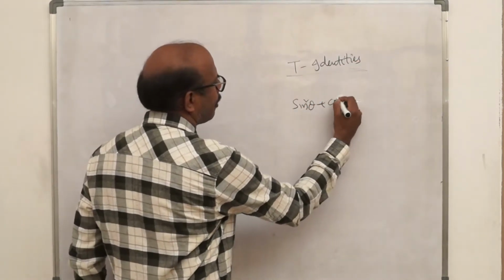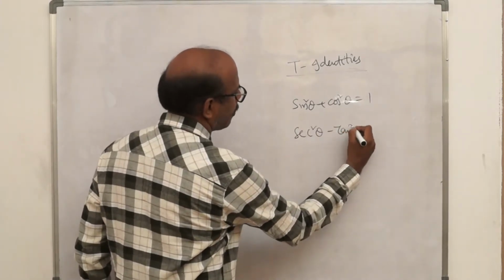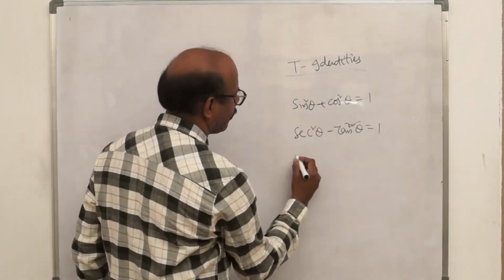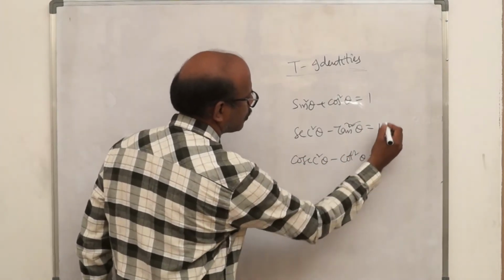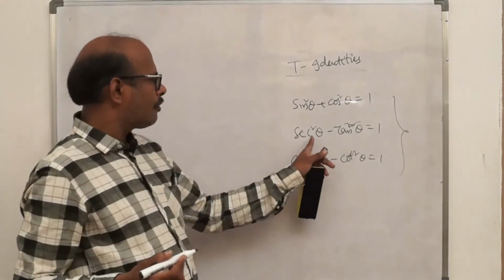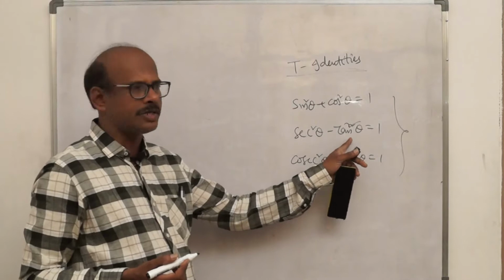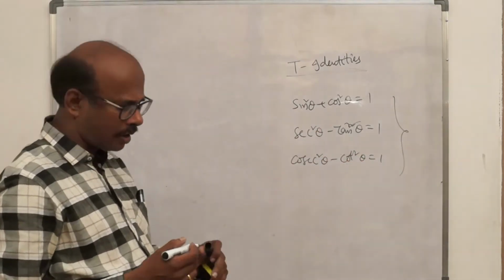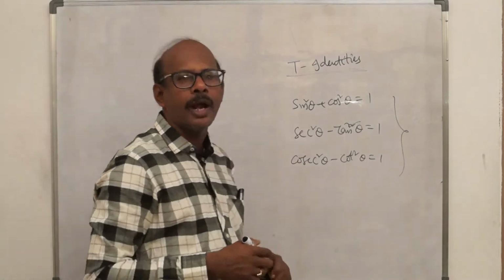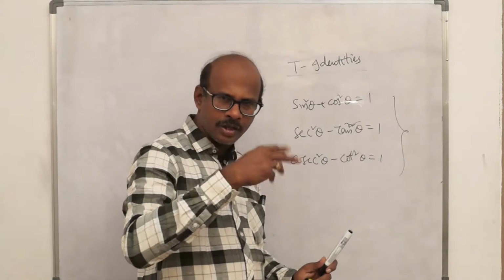Sin square theta plus cos square theta equal to 1, secant square minus tan square equal to 1, and cosec square theta minus cot square theta equal to 1. Now factorization: sec plus tan into sec minus tan, and cosec plus cot into cosec minus cot. These three are identities, called trigonometric identities.